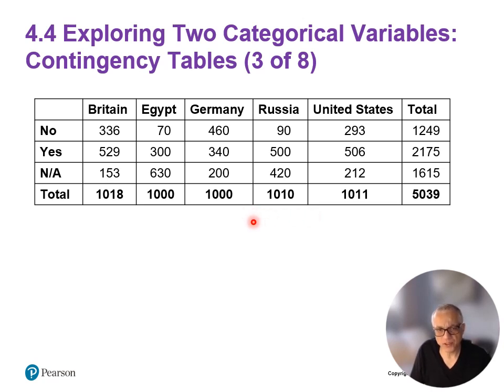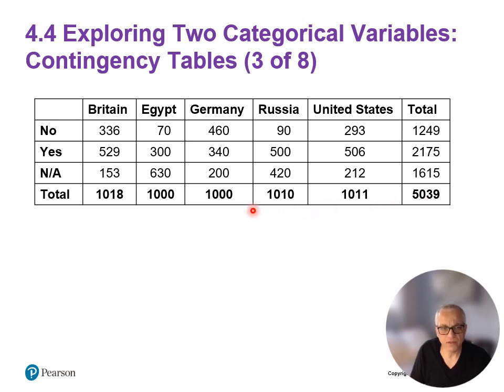If I ask a question like this, since I'm only focusing on one variable, the nation, I'm asking what is the probability that this person comes from Germany, and how many German people do we have in our sample? We have 1,000. So the answer would be 1,000 divided by 5,039.